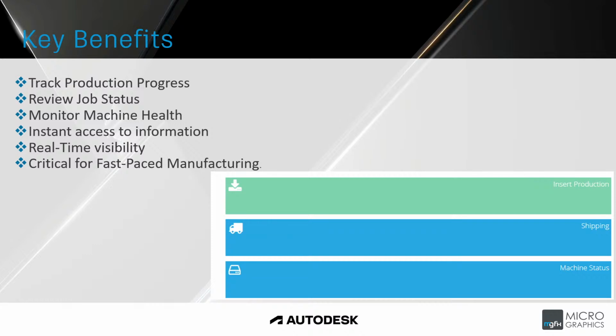Whether it's tracking production progress, reviewing job status, or monitoring machine health, users have instant access to up-to-date information. This real-time visibility into operations helps improve decision making and response times, which is critical in a fast-paced manufacturing environment.